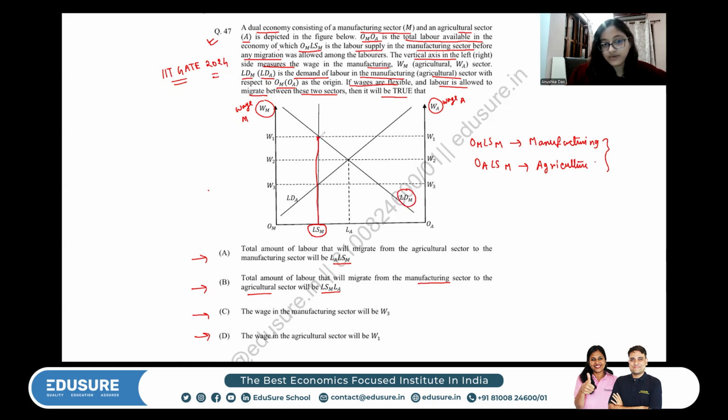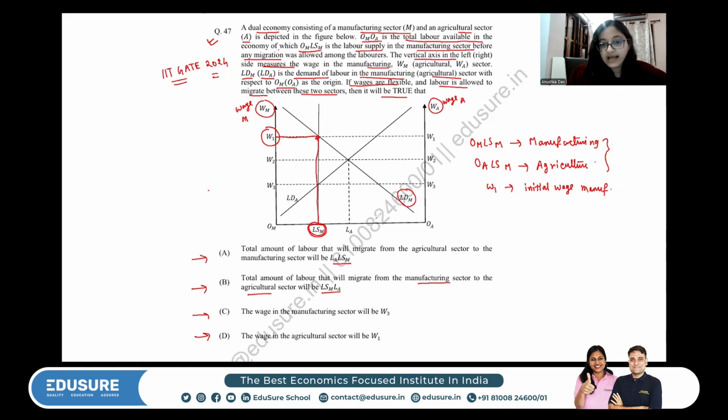From this point, what is the wage rate prevailing before the migration? W1 was the initial wage rate prevailing in the manufacturing sector. So how do you get that? Corresponding to the amount of labor employed, if you put this labor into the demand curve, you get the corresponding wage. So this was the initial wage rate in the manufacturing sector.